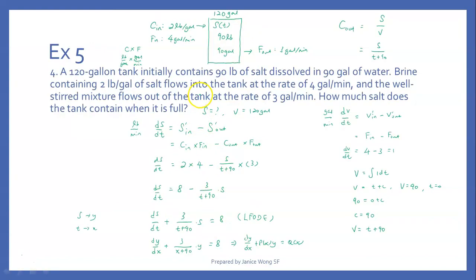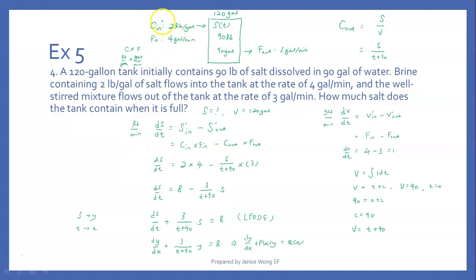For chemical tank question, based on the sketching, we need to form a differential equation involving the rate of change of the amount of salt in the tank, ds over dt, which is s prime in minus s prime out. For s prime, ds over dt, it must be in the units of pound per minute in this case.